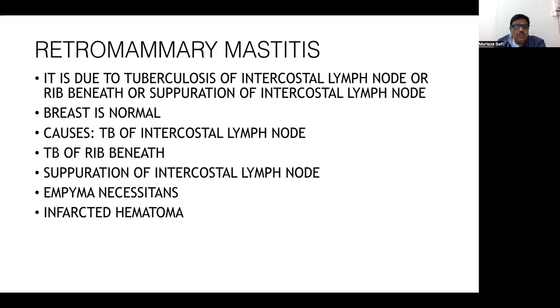Now come to retromammary mastitis. It is due to tuberculosis of an intercostal lymph node or the rib beneath, or suppuration of an intercostal lymph node. The breast is normal. Causes: tuberculosis of intercostal lymph node, tuberculosis of rib beneath, suppuration of intercostal lymph node, empyema necessitans, infected hematoma.